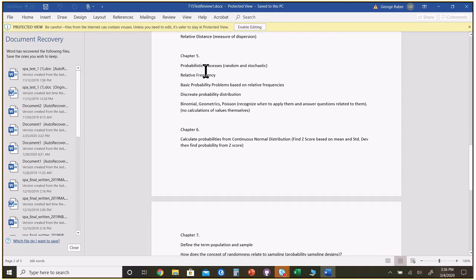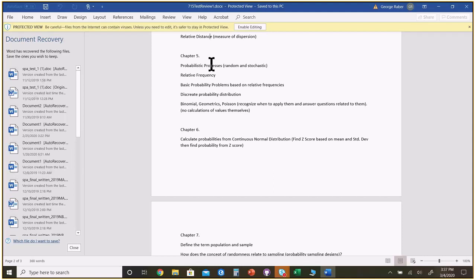Okay, chapter 5. Here we talked about what a probabilistic process was. We have random and stochastic, these terms. They mean very similar things. This is what I was getting at today, actually, when I talked about processes. The underlying process that causes accidents in Mississippi versus accidents in Alabama, is that different?